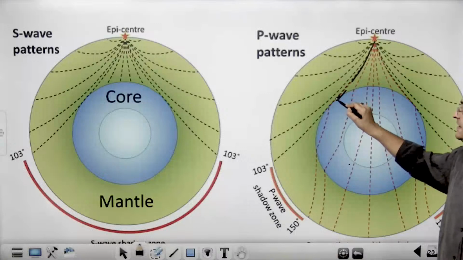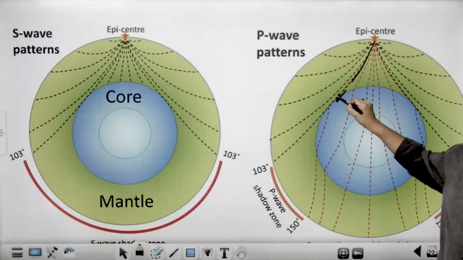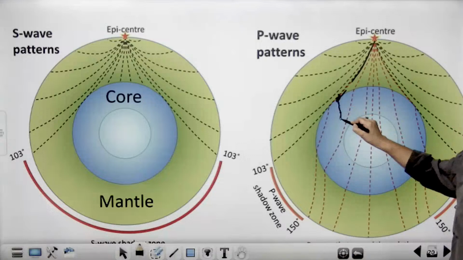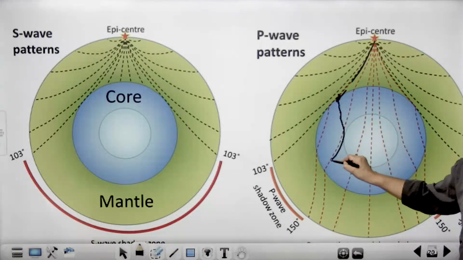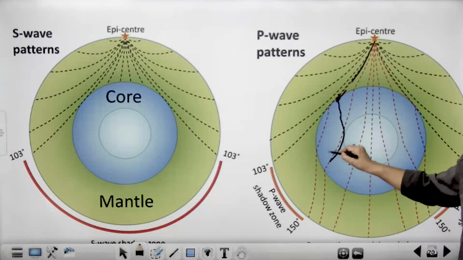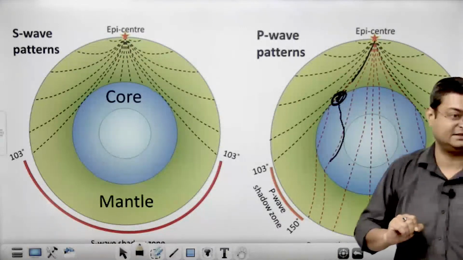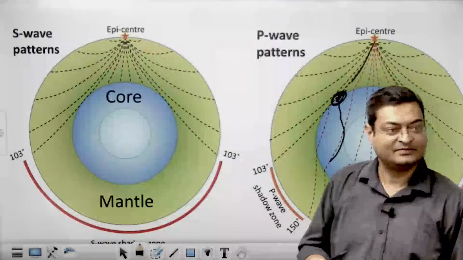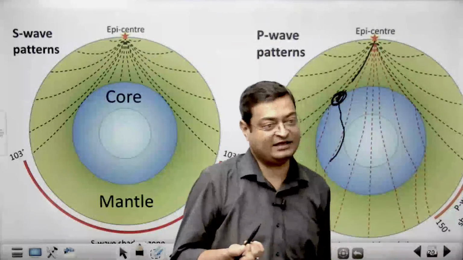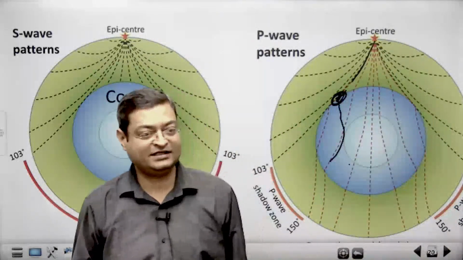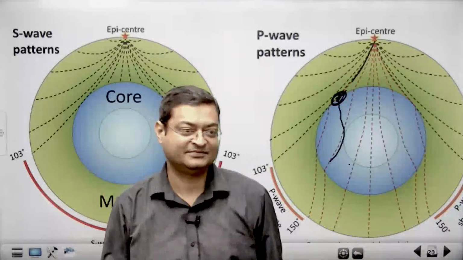So first its speed is going to decrease, and then successively as the density increases, it increases. And the speed here is only 3 to 5 kilometer per second. मगर जैसे ही crust पे आएगा, it is a solid material, the speed is going to increase.